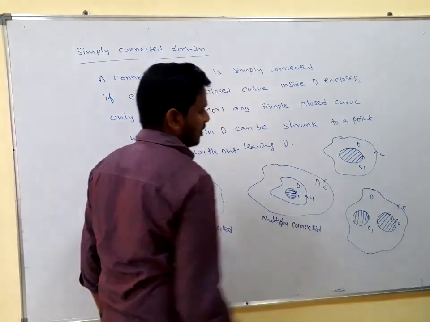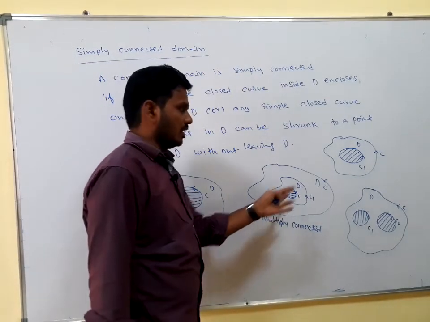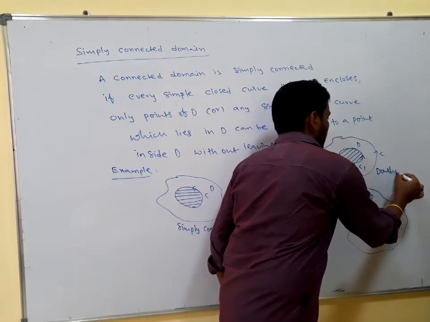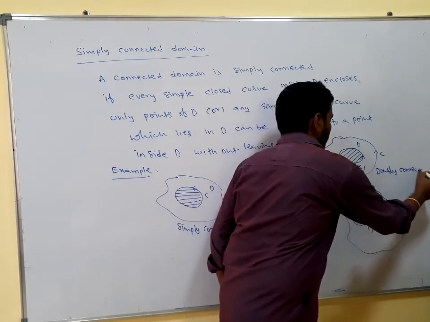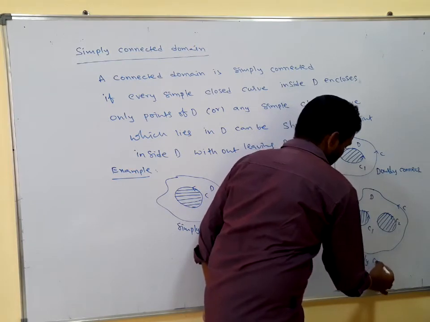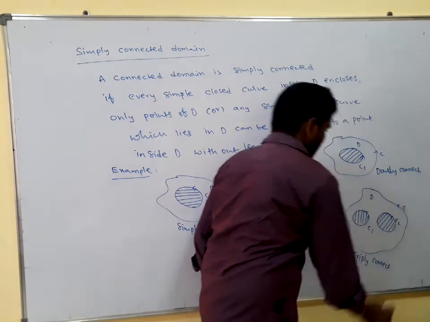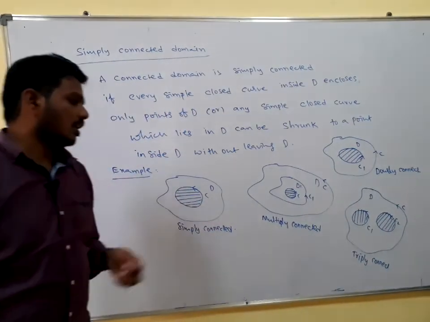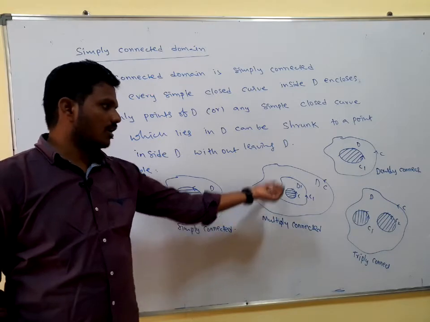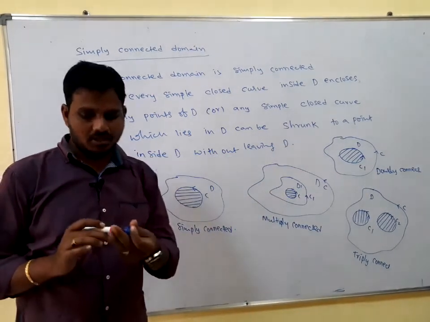If you see this example, this is doubly connected, this is also doubly connected domain. Here it is a triply connected domain. Here it is a simply connected domain. Here in this case, this is also a doubly connected domain, and a triply connected domain.